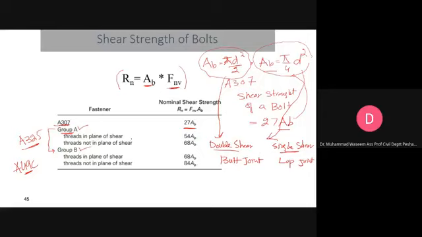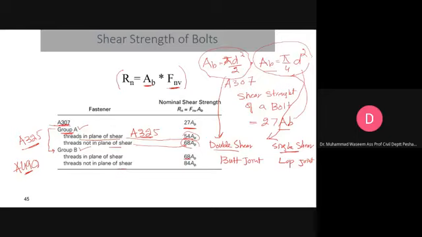Now if the thread is in the plane of shear, you will use this formulation in order to compute the shear strength of the bolt. This means A325 bolts, high strength bolts. If the thread is not in the plane of shear, you will use this formulation. For A490, threads are in the plane of shear, so shear strength is reduced.